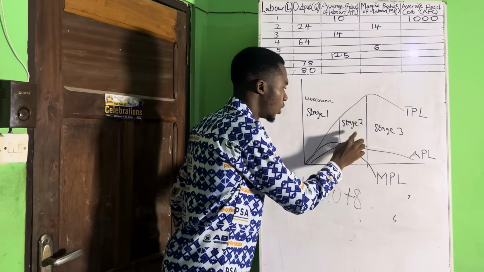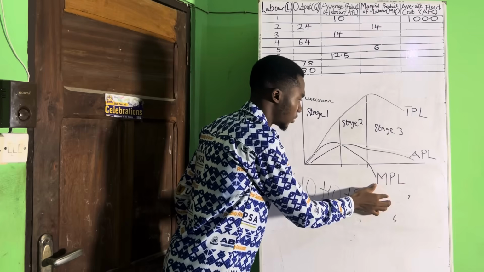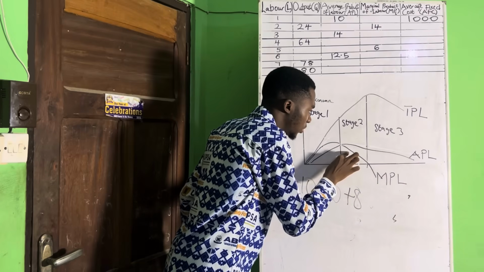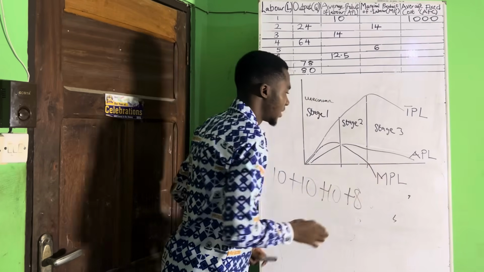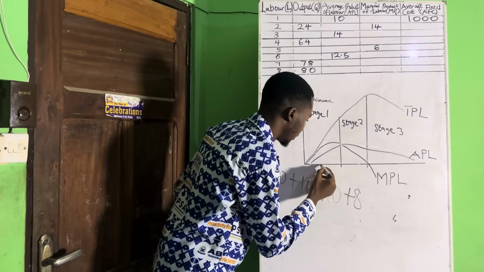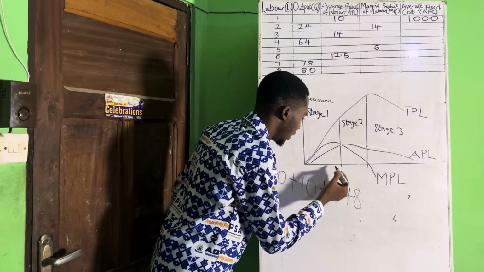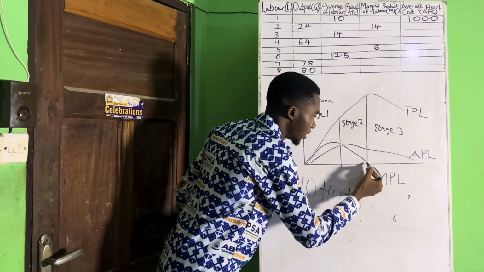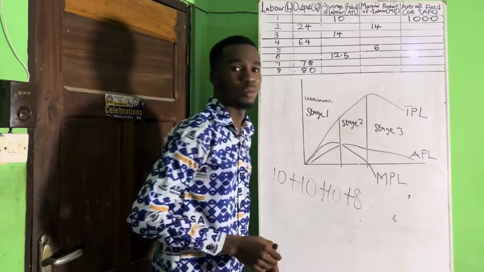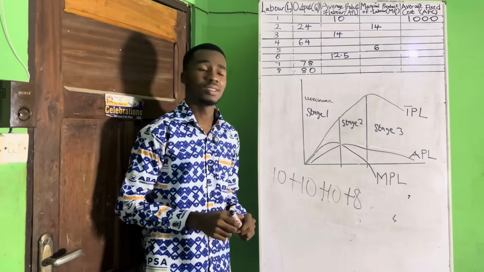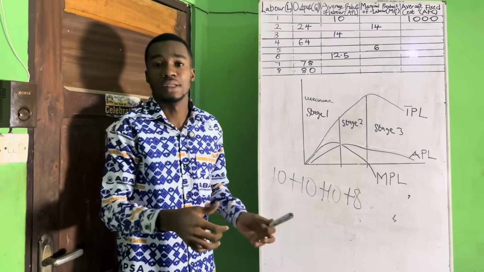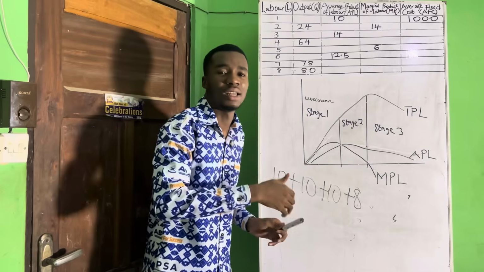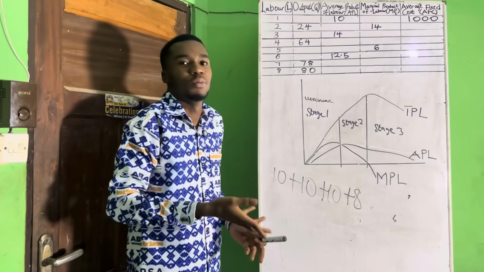For stage 2, let's start with the marginal product of labor. It starts reducing, do you get it? And gets to its minimum, but it doesn't cross this line. This is the lowest it can get to. What that tells you is that for stage 2, workers are still joining, but the workers that are joining are bringing less than what they were bringing before.